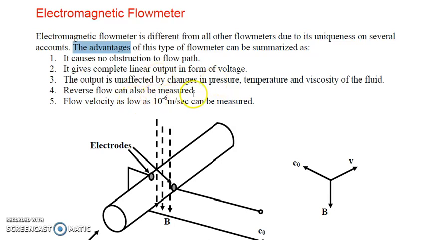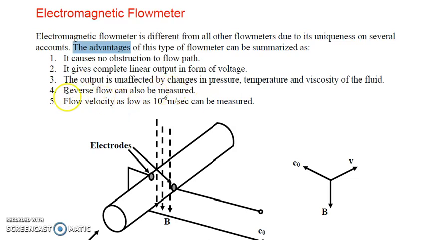Reverse flow can also be measured because there is a concept of electromagnetic induction. So, if the velocity will be changing its direction, then according to Fleming's right hand rule, we can get the direction of fluid flow, because the polarity of the induced voltage will be changed.